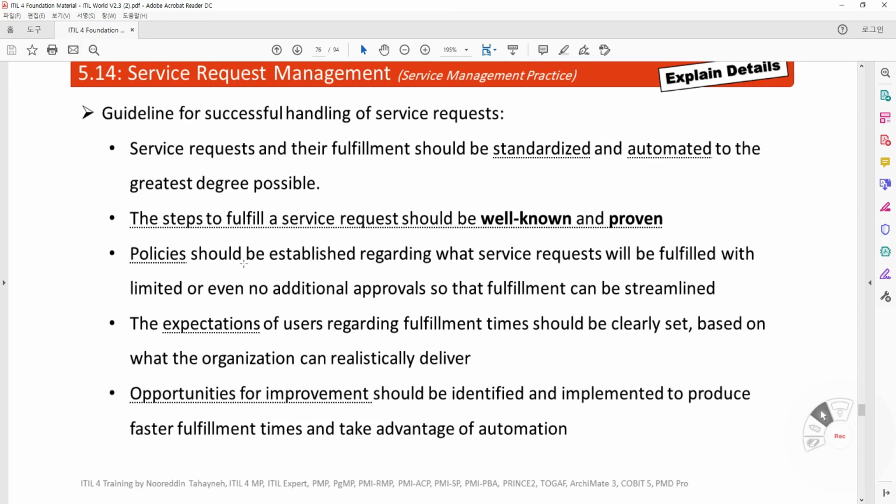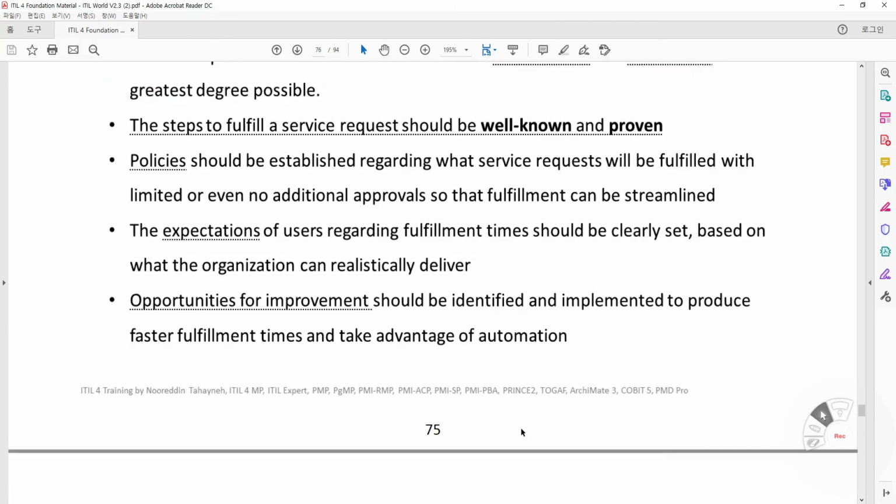Policies should be established regarding what service requests will be fulfilled with limited or even no additional approvals, so that fulfillment can be streamlined. The expectations of users regarding fulfillment times should be clearly set based on what the organization can realistically deliver. Opportunities for improvement should be identified and implemented to produce faster fulfillment times and take advantage of automation.